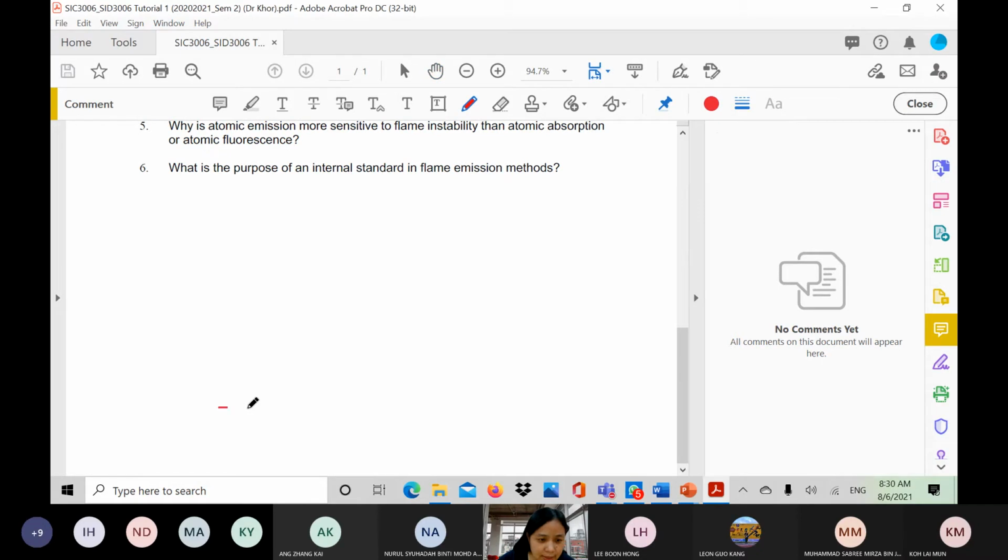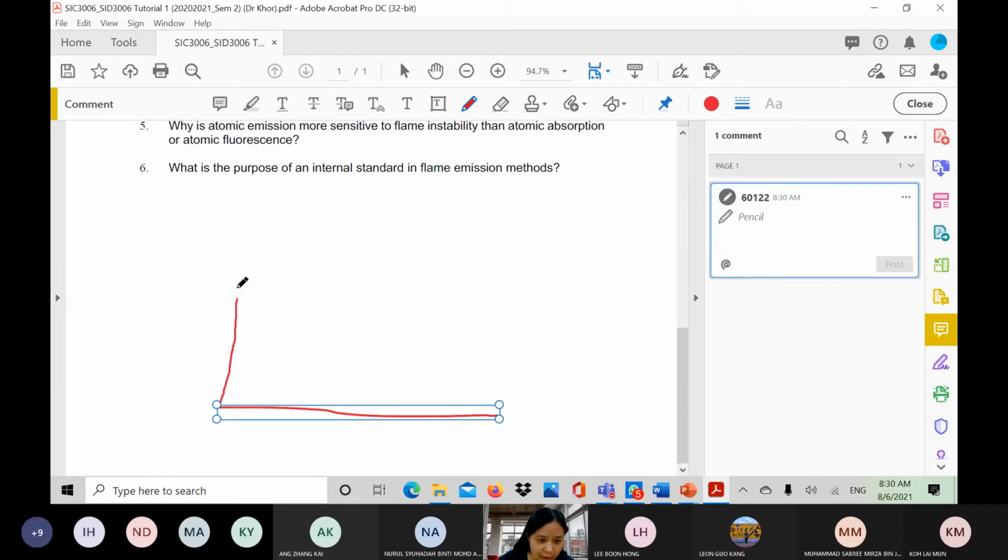Okay, so this is our calibration plot. For us to do quantitative measurement, we must plot a calibration plot. Let's say we want to detect sodium, simple target analyte, sodium.